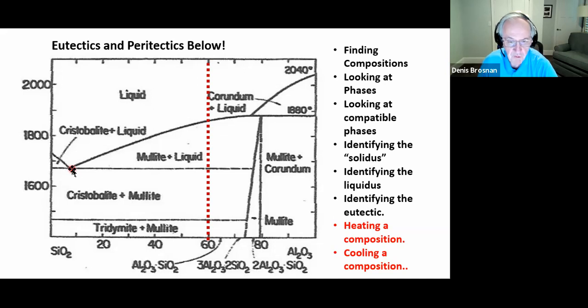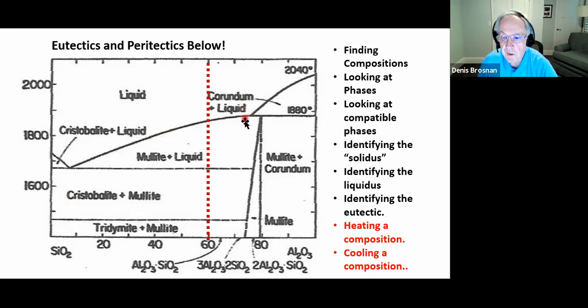Maybe it's about 8% silica. I can't tell exactly right here. But as we go forward in composition, more alumina, then the liquidus increases up until we get to the melting point of mullite.